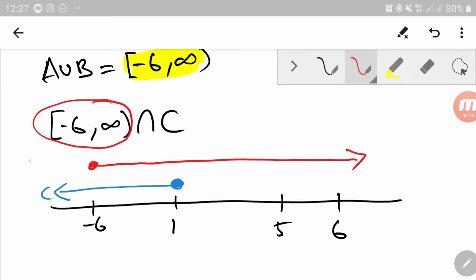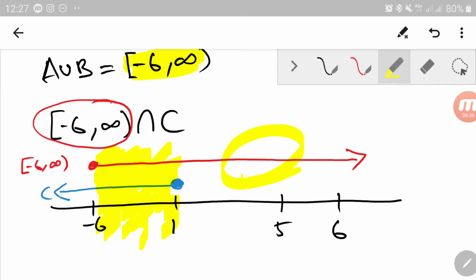So this is minus 6 to infinity. So we are going to find the intersection. Intersection, remember, is the common element that both intervals have. So they share the same thing from minus 6 up until 1.